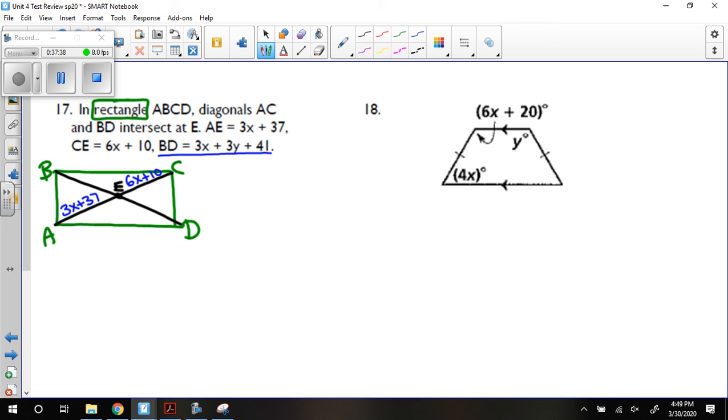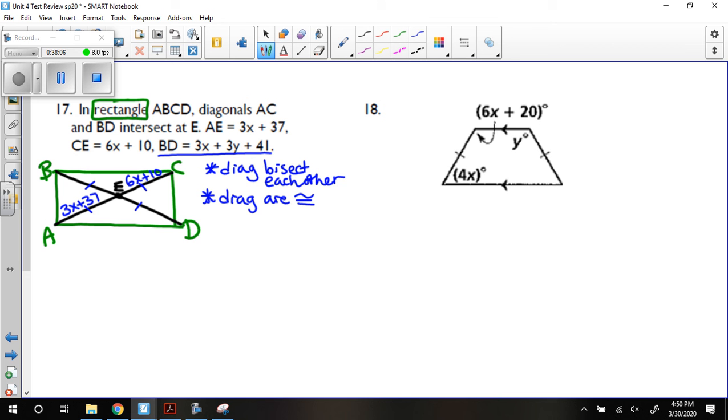Okay, in a rectangle, the diagonals bisect each other, and the diagonals are congruent. So I know that this piece is congruent to this piece, which is congruent to this piece, which is congruent to this piece, okay? Diagonals bisect, they are also congruent.